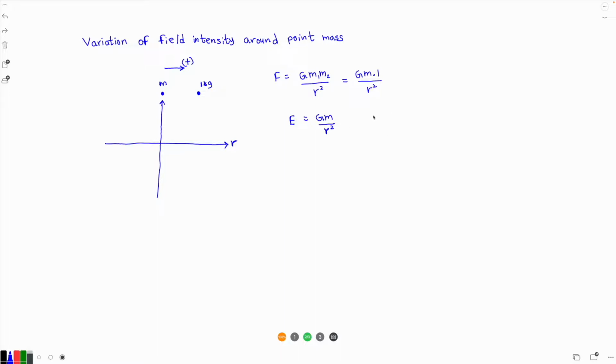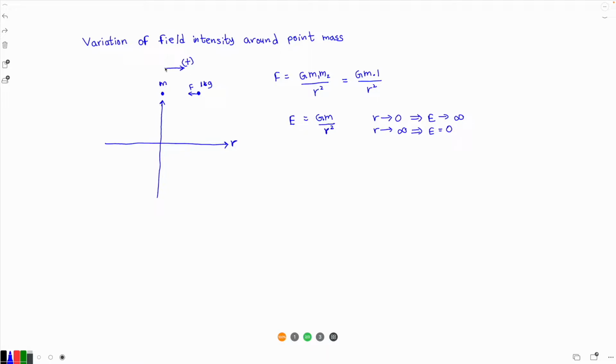When r goes to zero, the field intensity goes to infinity. You can think about it again. When r goes to infinity, the field intensity goes to zero. We know that all gravitational forces are attractive forces, so the force is acting towards the mass. So this force, or field intensity, is negative.